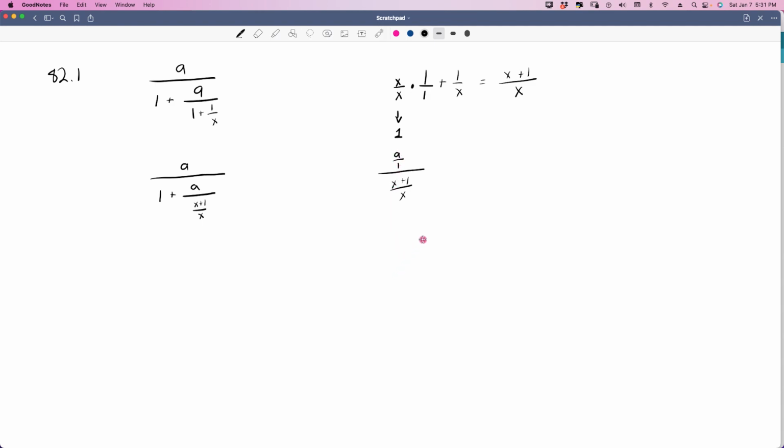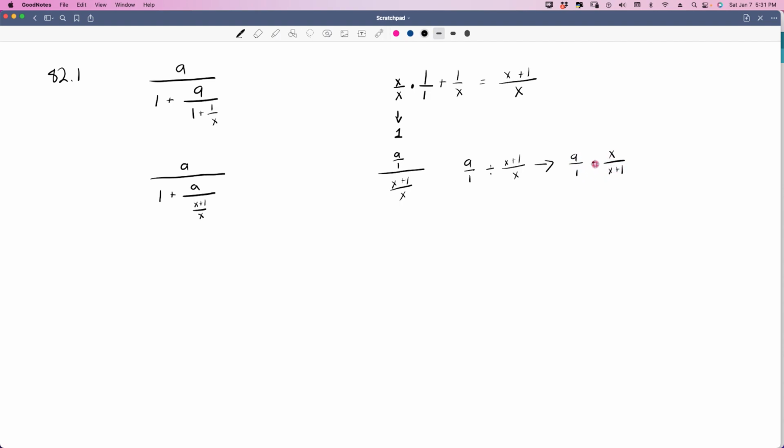What do we do when we have a fraction divided by a fraction? We keep it, change it, flip it, right? So we turn it into a over 1 times x over, I should probably use a dot because all these x's are going to be confusing, x over x plus 1, right?